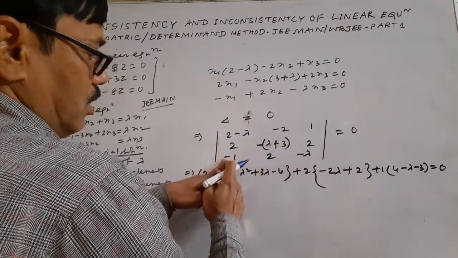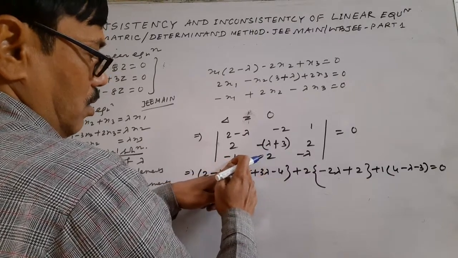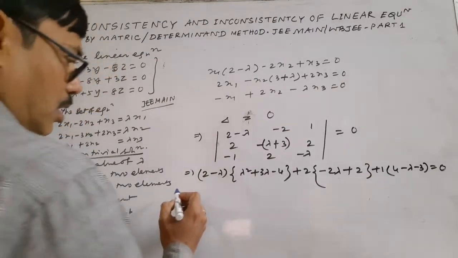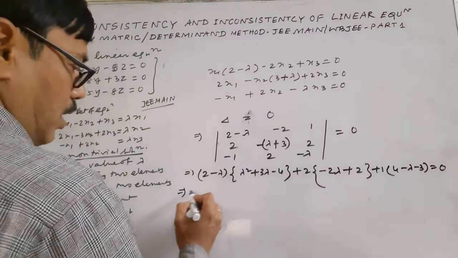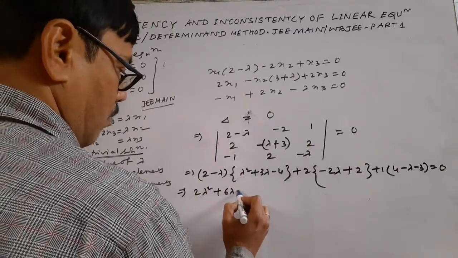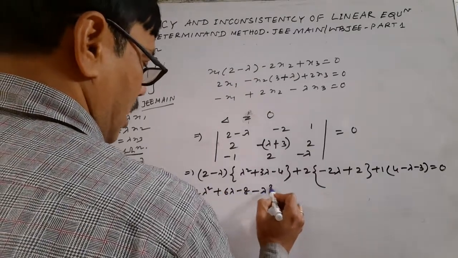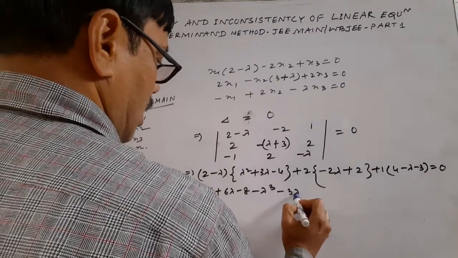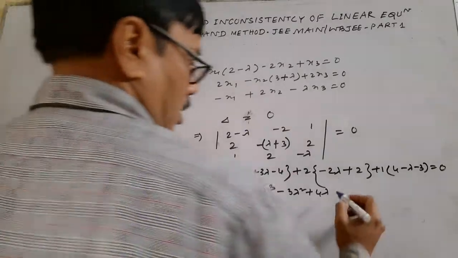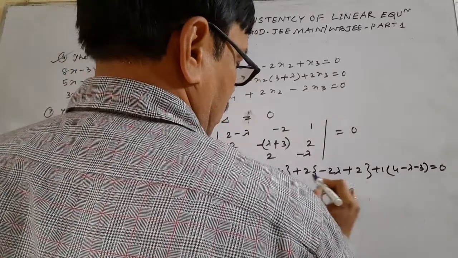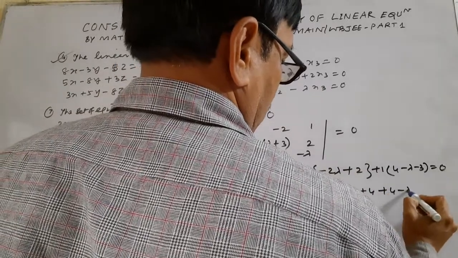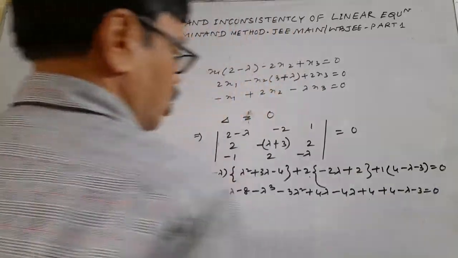This plus minus lambda plus 3. So expand it: 2 lambda square plus 6 lambda minus 8 minus lambda cube minus 3 lambda square plus 4 lambda minus 4 lambda plus 4 plus 4 minus lambda minus 3 equals to 0.